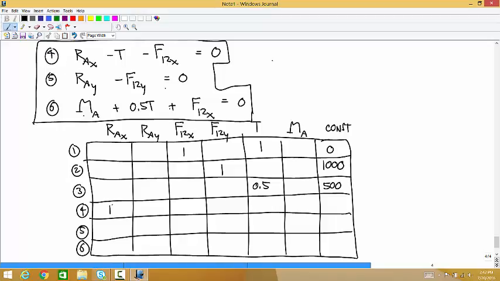So RAX 1, T negative 1, F12X is negative 1, and then 0 constant. For equation 5, RAY we have 1, F12Y we have negative 1, 0 constant. And then equation 6, MA we have 1, T we have 0.5, F12X we have 1, and then 0 constant. And everything I didn't fill in is a 0.